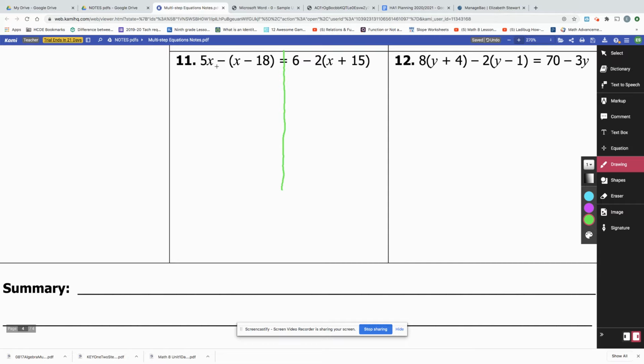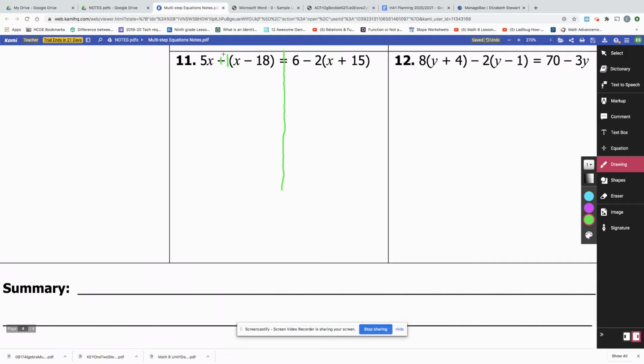5 times x minus the difference of x and 18 is equal to 6 minus 2 times the sum of x and 15. Let's go ahead and make some notes. There's a 1 right there.